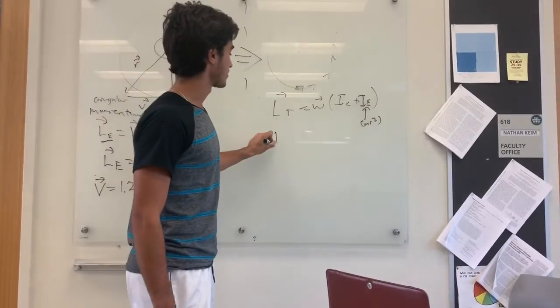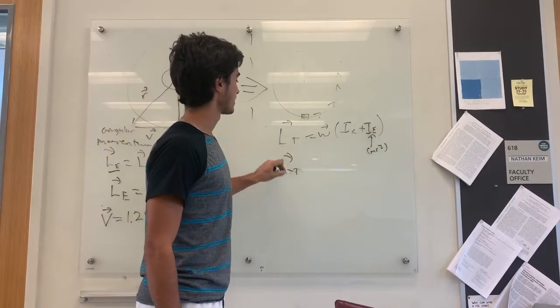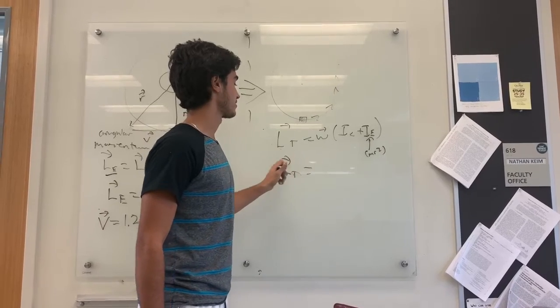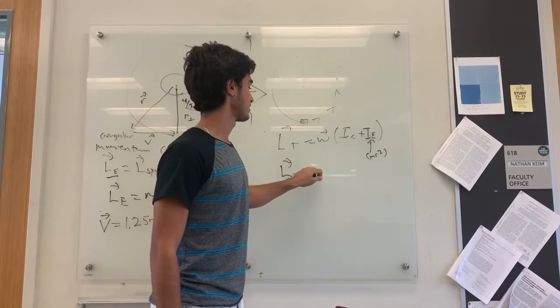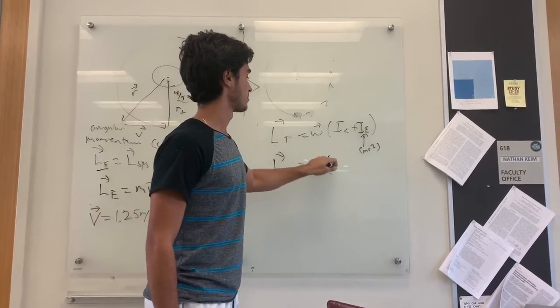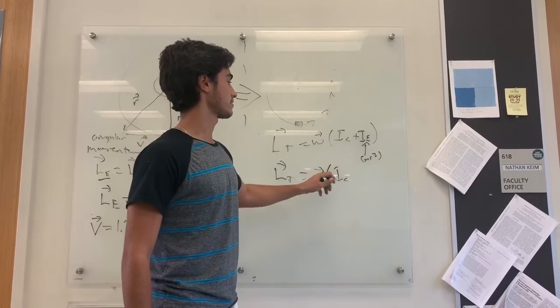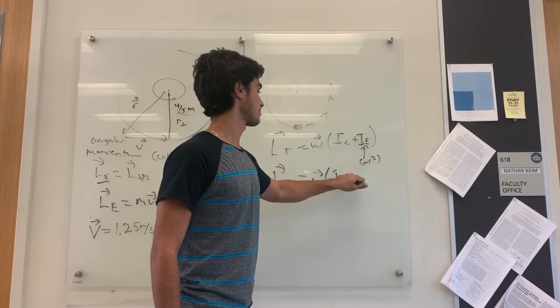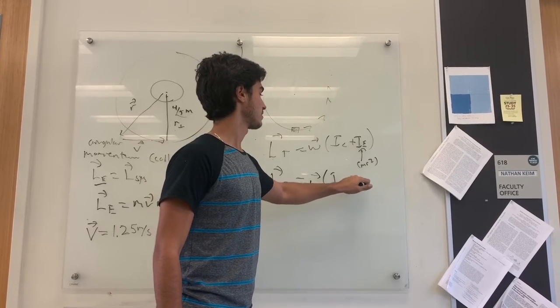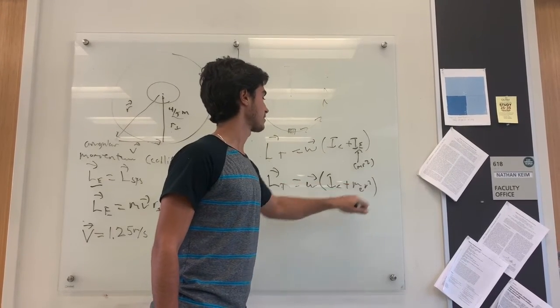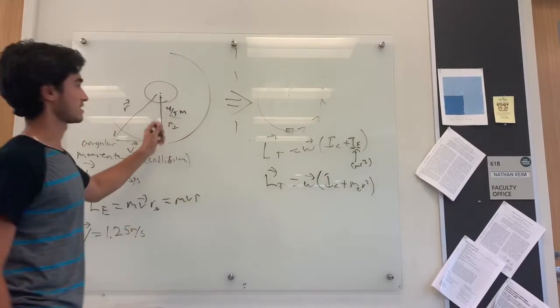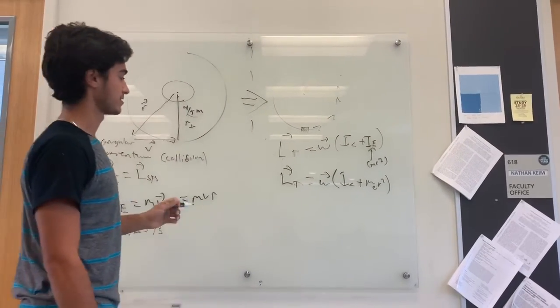So the total angular momentum of the system equals omega times the moment of inertia of the carousel plus the mass of Evan times the radius squared. So that's the perpendicular radius, which is also the same as the radius, which is 4/5 meters.